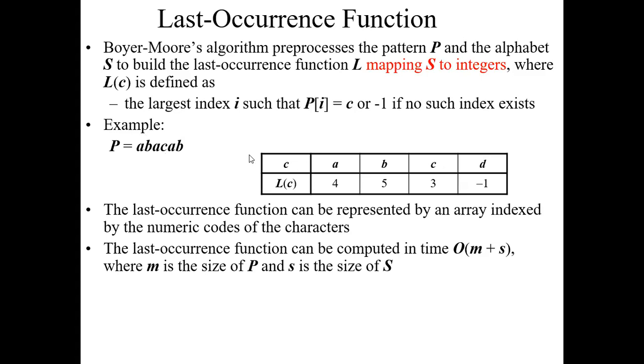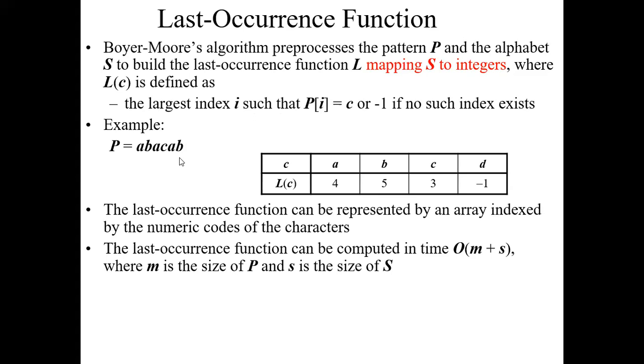ठीक है, इसके लिए हमने एक टेबल बनाया, that is A, B, C and any other character. And how am I mapping this to integers is the largest index i such that Pi is equal to C. Last से वो character किस index पे available. So let us look for A. If I count these as 0, 1, 2, 3, 4, 5.